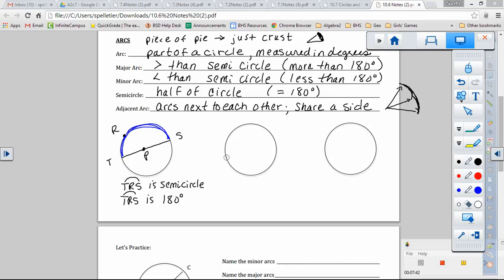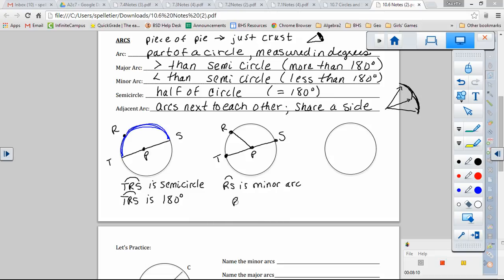Okay, second example. Looks almost the same. We're going to do T, P, and S again. And this time when we do R up here, we're going to actually connect the radii to the center of the circle. And this time we're going to say that arc RS is a minor arc.